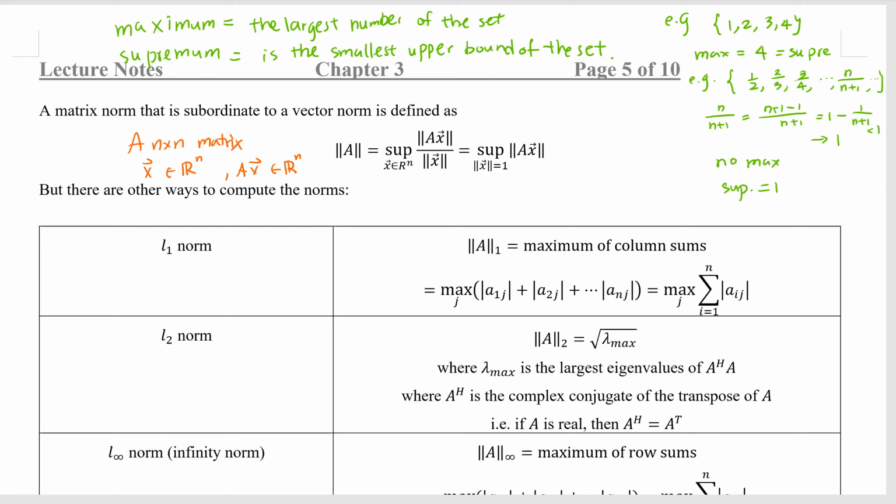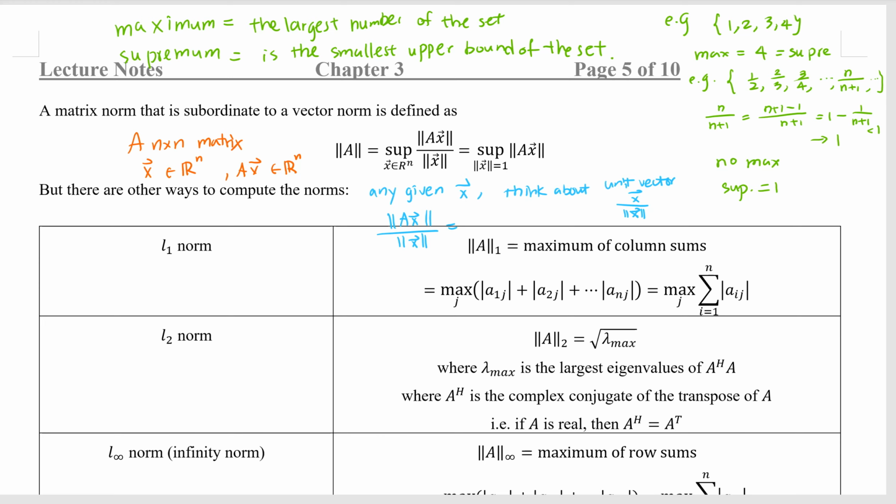Think about it. So given any vector x, we can think about its unit vector in that direction. Well, that is x over the norm of x, right?